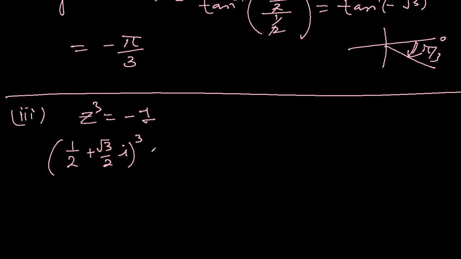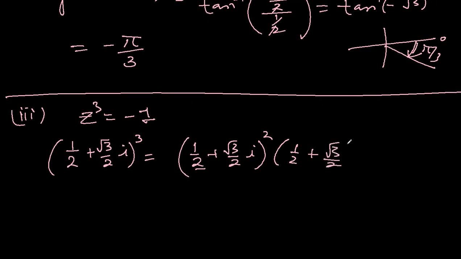You can cube it and expand it, or you can factor this. One of the factors will be the multiplication of these roots, but I'm not going this way. I'm doing the simpler straightforward method. Half plus square root 3 over 2 i, times half plus square root 3 over 2 i.